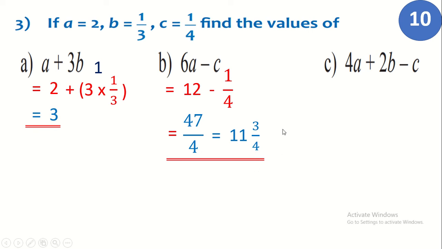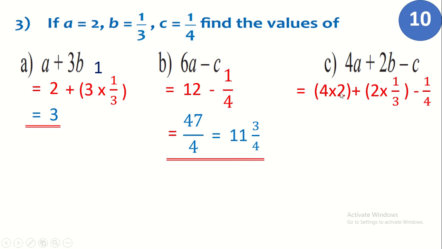Okay. Letter C is 4A plus 2B minus C. You replace the letters with numbers here. Now you have 4 times 2 for 4A, and then you have 2 times 1/3 for 2B, then minus 1/4. The first thing you do is the multiplication.